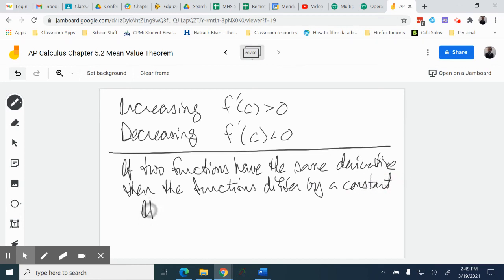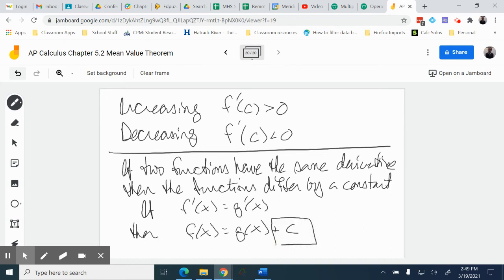So if f prime of x equals g prime of x, then f of x equals g of x plus some constant value. Always plus a constant, plus a constant, plus a constant. Burn that into your brain.